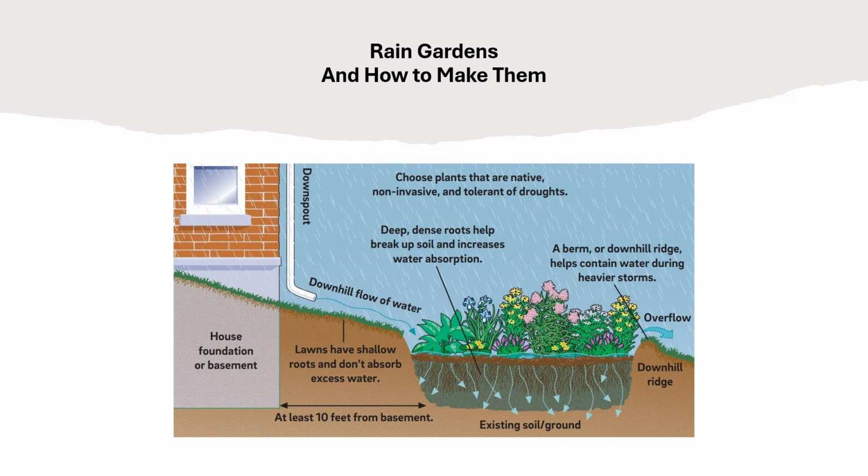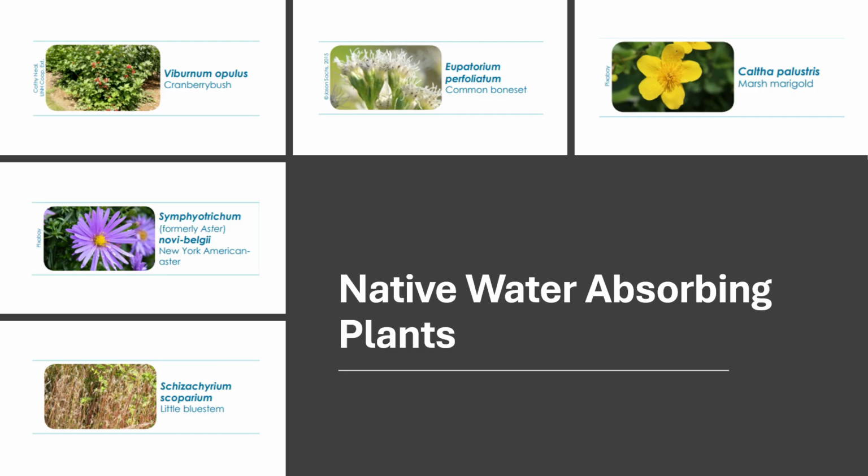So I have some examples. We have cranberry bush, common boneset, marsh marigold, New York American aster, and little bluestem. These are all native plants that you can get here in the Northeast, or that are native to the Northeast. And they're all different types.